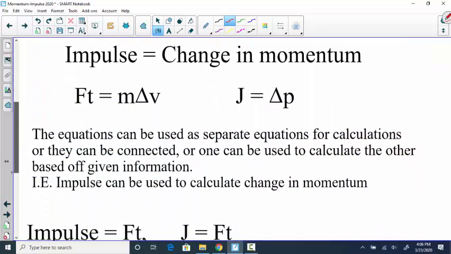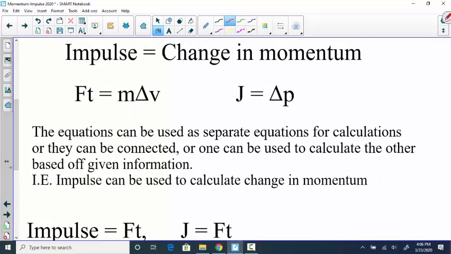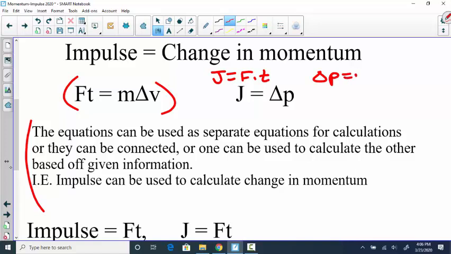So impulse is equal to change in momentum, and as you kind of learned, these equations can be used as separate equations or they can be connected. So you could use this equation, or you could use impulse as force times time, or you can use change in momentum as mass times change in velocity, or you could use impulse as mass times change in velocity.